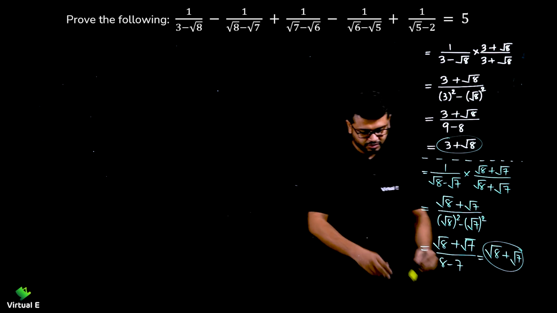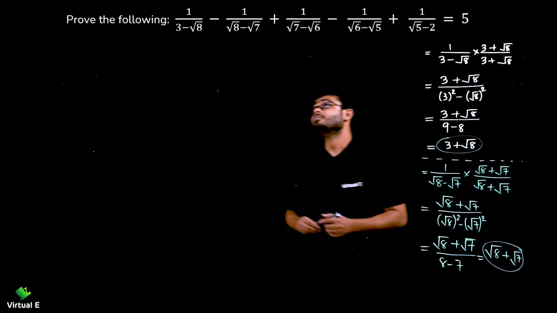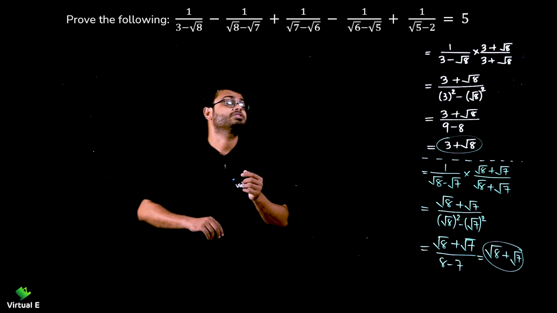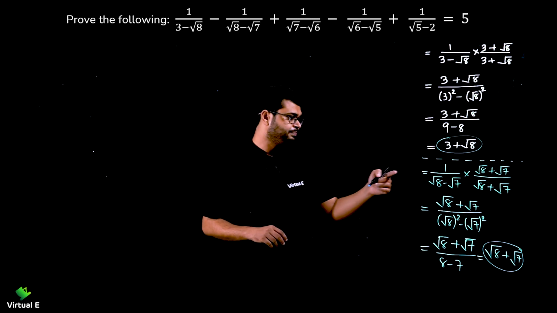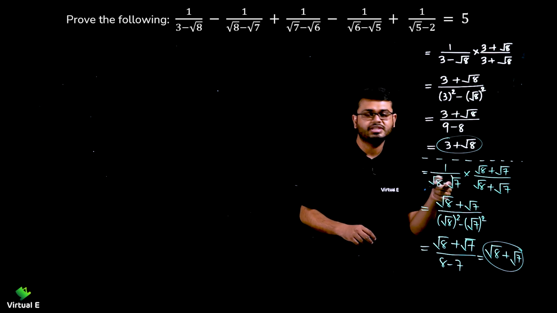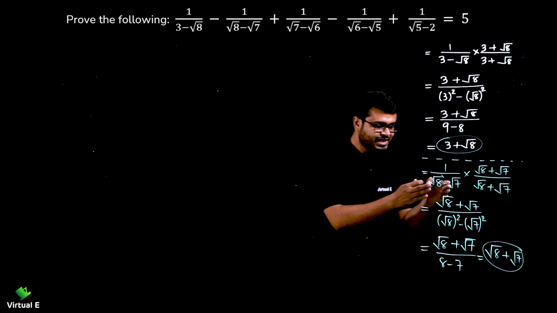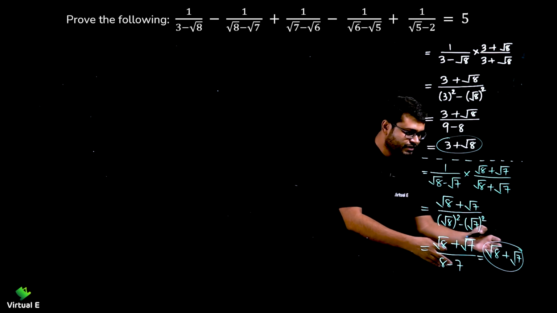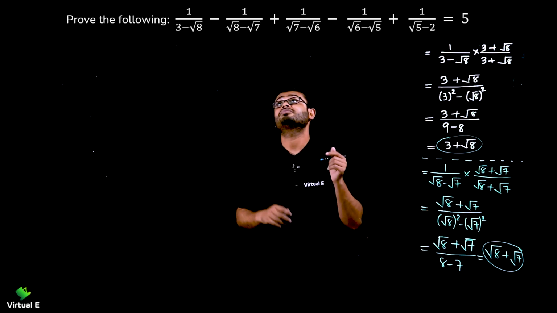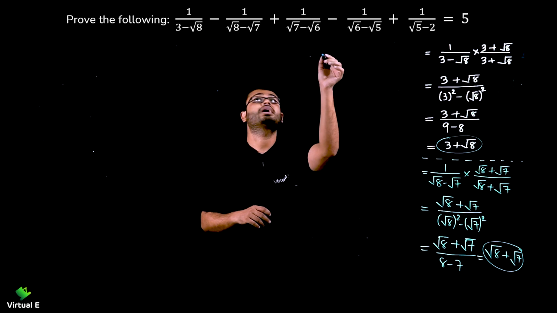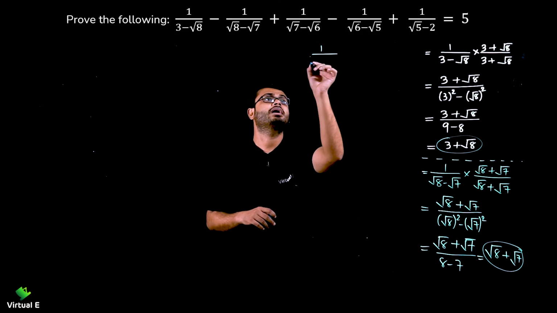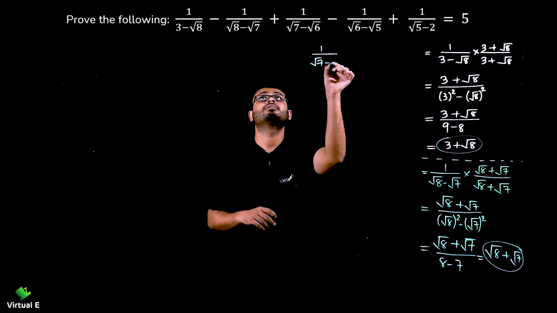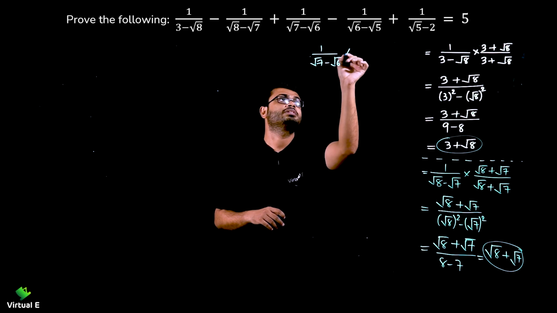Now let's discuss the third one. We have 1 by root 7 minus root 6. So see, here we had 1 by root 8 minus root 7. We just had the same terms in the denominator with the opposite sign. So here also we can write directly if you want to do that. So 1 by root 7 minus root 6, right?